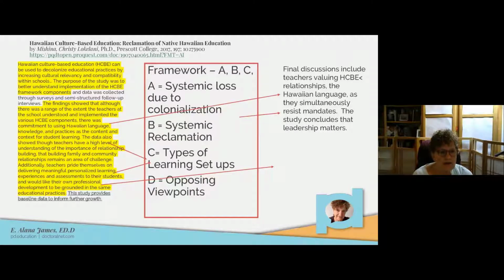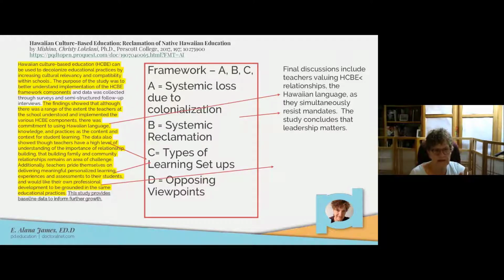The findings showed that although there was a range in the extent that teachers at the school understood and implemented this curriculum, there was a commitment to Hawaiian language, there was a commitment to relationships, the importance of relationship building with family and community remained an area of challenge, and teachers prided themselves on delivering meaningful, personalized learning, and the professional development did that too.